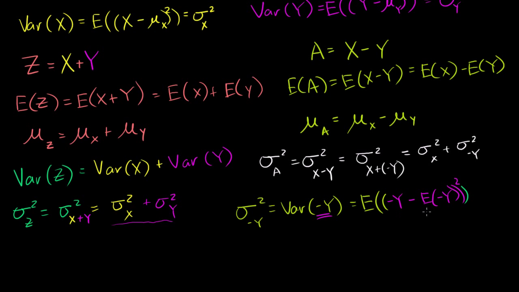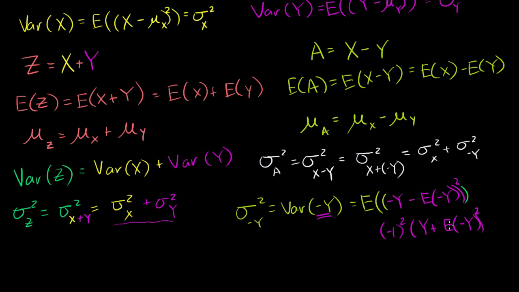Now, what is the expected value of negative y right over here? Or actually, even better, let me factor out a negative 1. So what's in the parentheses right here, this is the exact same thing as negative 1 squared times y plus the expected value of negative y. So that's the exact same thing in the parentheses, squared.